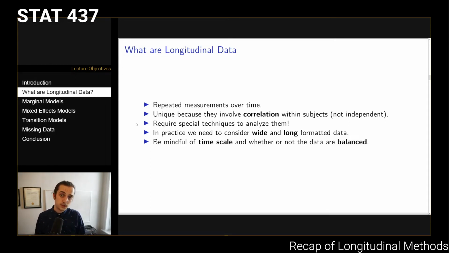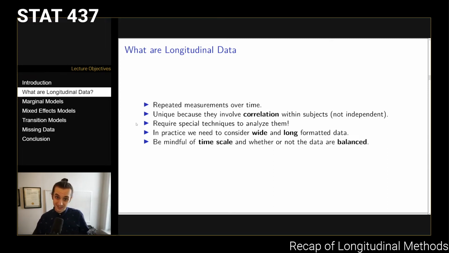And we've also talked about how we have to be mindful of the time scale and whether or not the data are balanced. So what I mean by this is that we've looked at examples where we've used an individual's age as the time variable. We've looked at examples where it's been time since the start of the study. We've looked at examples where it's actually the time. And so because of this, we can think about longitudinal effects in any number of ways where it's not just time passing, but it's also what do we mean by time, right?